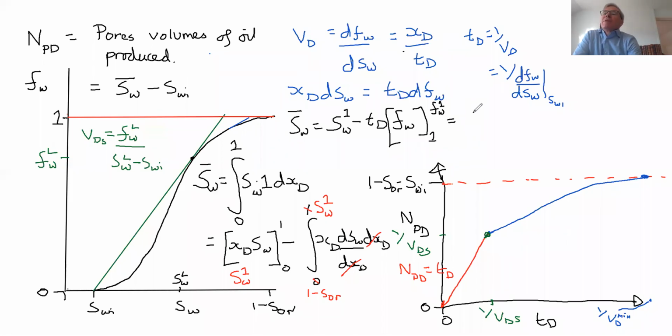So this can be rewritten as the expression for the average saturation, from which we can find the recovery: SW1 plus TD, which is 1 over the gradient, times 1 minus FW1.